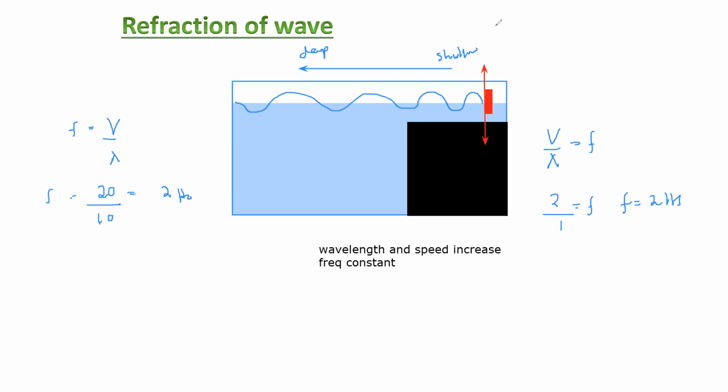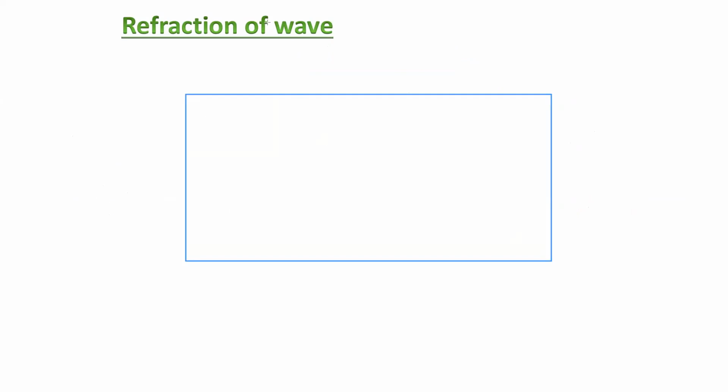But if you look from the top, what you will observe, like this is a ripple tank and it is having two regions. So I'm representing the two regions by different shades. So you can identify, for example, one shade is representing a deep region and the other shade is representing a shallow region.